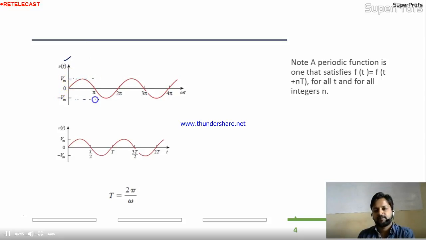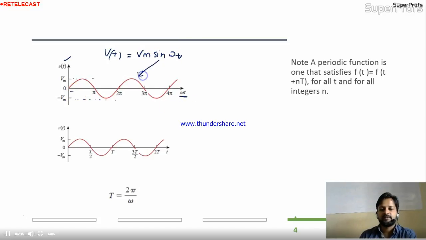This is the maximum negative value of the voltage. And this is the omega t argument, 0 to pi, pi to 2 pi, like this. So this V(t) is clearly Vm sin omega t, because this is basically the sinusoidal or sine waveform. Vm is simply the max value.